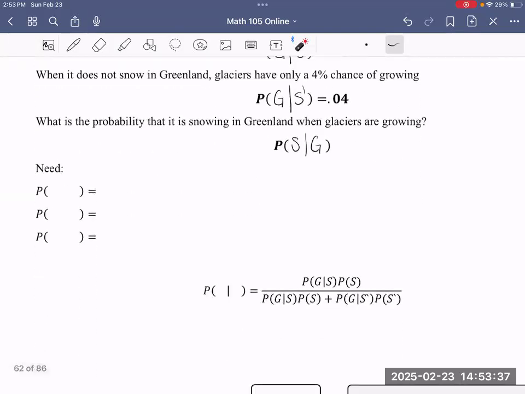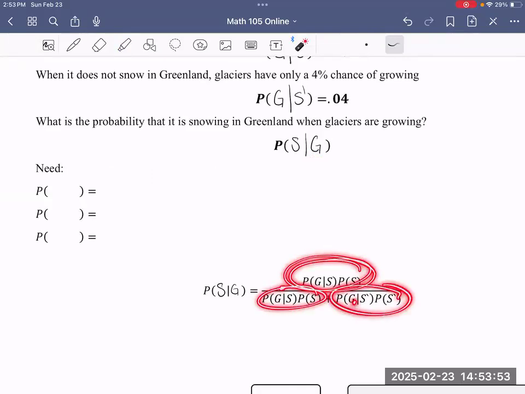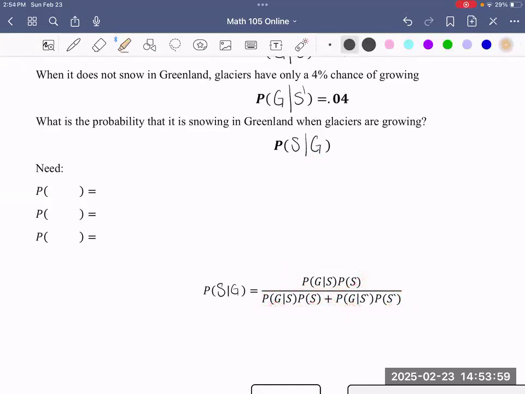So when we look at your formula, we want to figure out all of the times that it's growing to start, S and G. So all of the times that it is growing, it's either snowing when it's growing, or it's not snowing but you're still growing. So that's why we have this growing here, whether it's snowing or not snowing. Again, you're going to have the same likelihood here, and then given some new information.